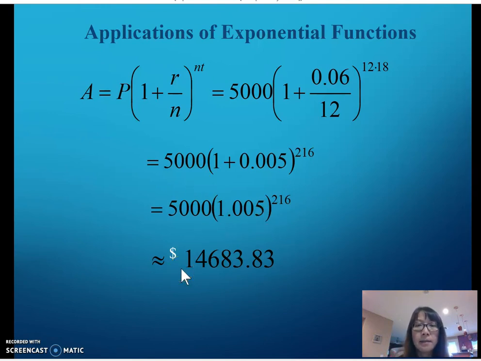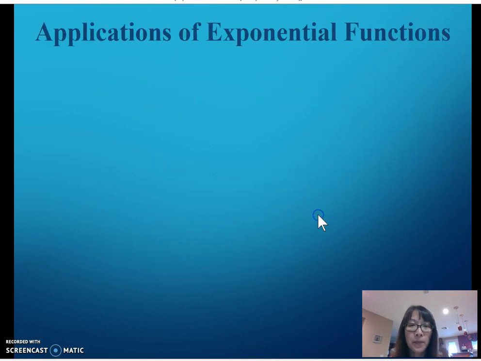Hey, not bad. So if you're parking your money, $5,000 at 6% for 18 years, you come out with a balance of close to $15,000. That's a pretty good gain for doing nothing with your money, just parking it there in a savings account.